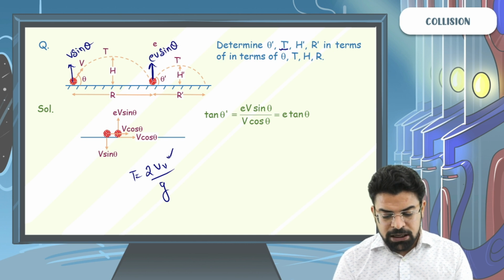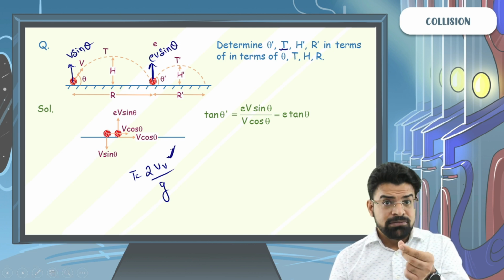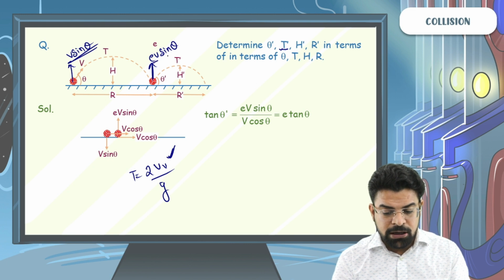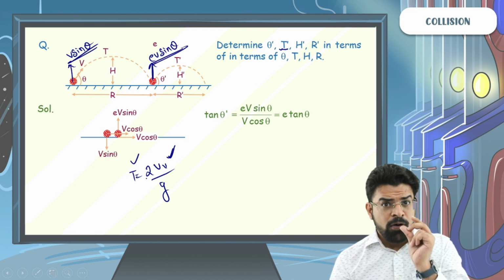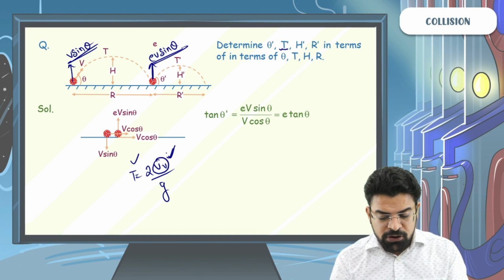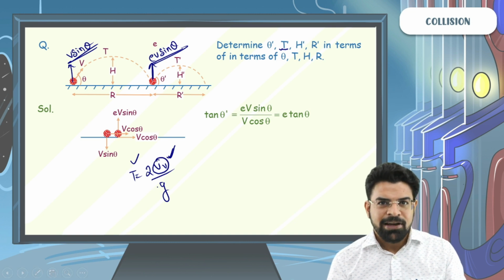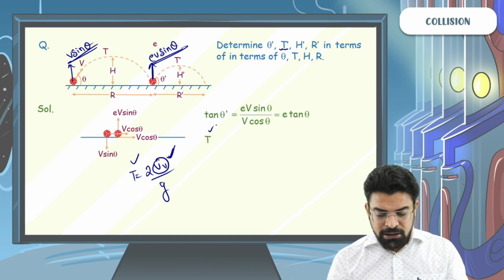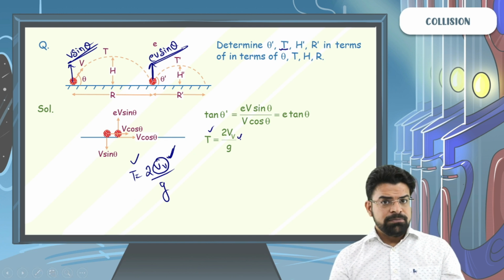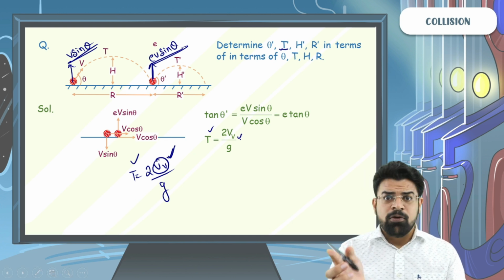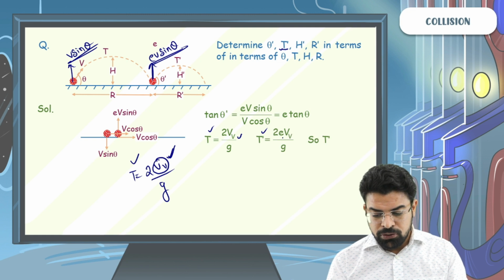If the vertical velocity becomes e times, and time of flight is directly proportional to vertical velocity, then time of flight will also become e times. So time of flight is 2 v vertical by g, and the second time of flight will be equal to 2 times e times v vertical by g.